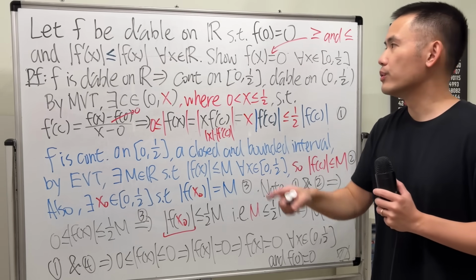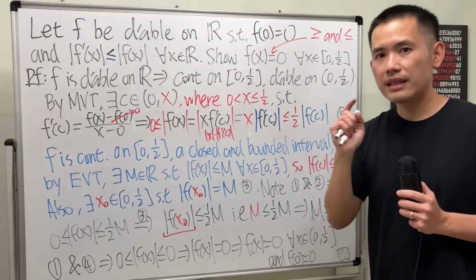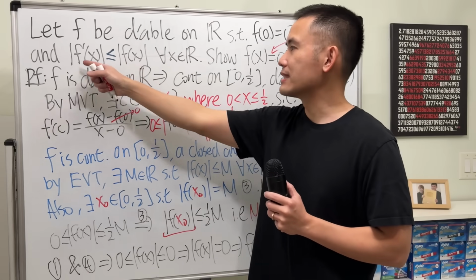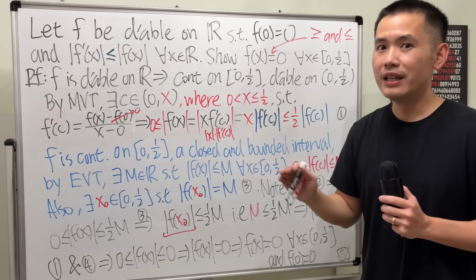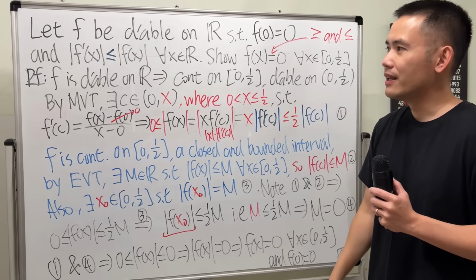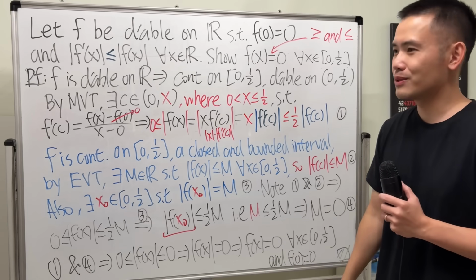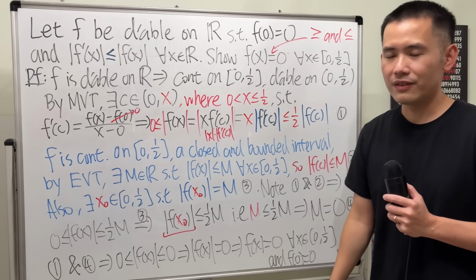If today I tell you f of 0 is equal to, let's say, 1/2, can you find a function that will satisfy this condition? And I'll tell you the answer is, of course, not going to be the 0 function anymore. In fact, it could be the 1/2 function, but that's too boring. Don't give me the 1/2 function.